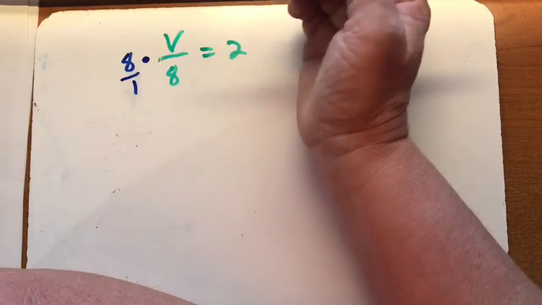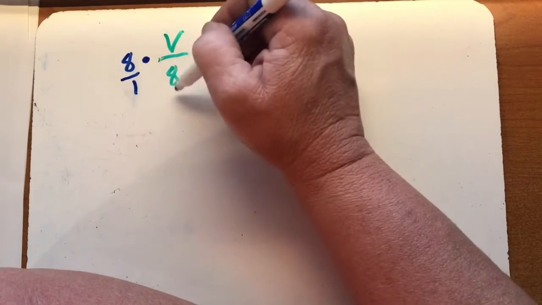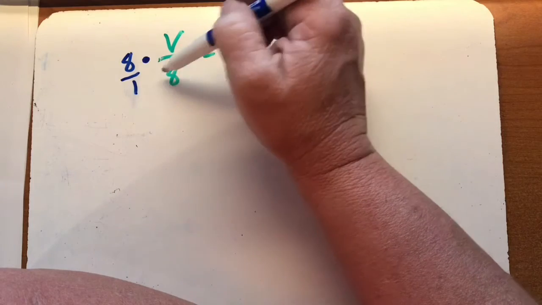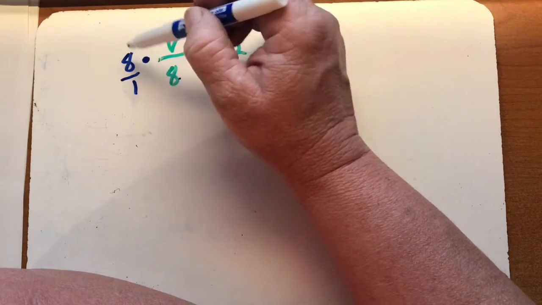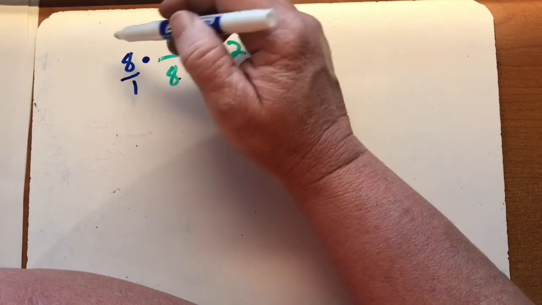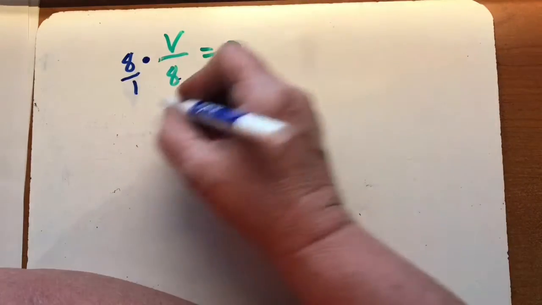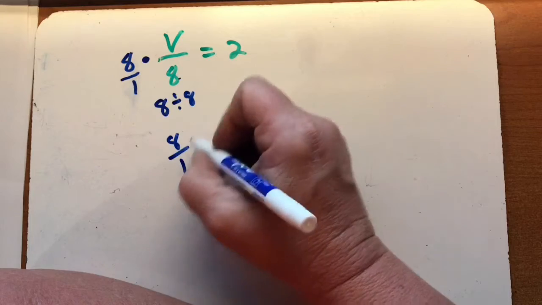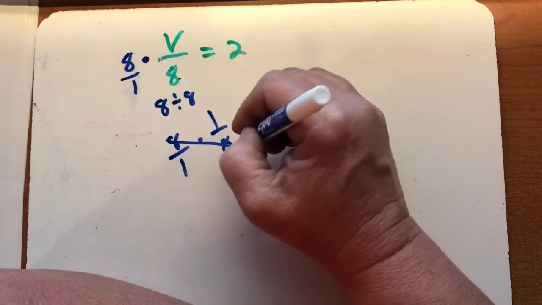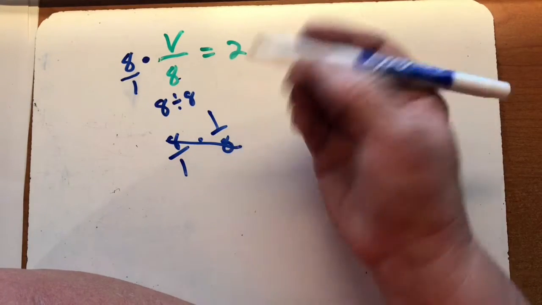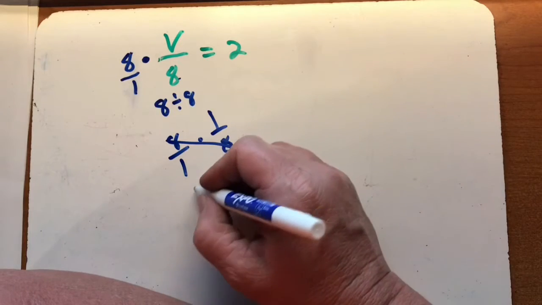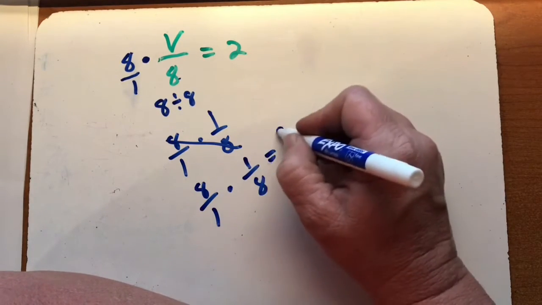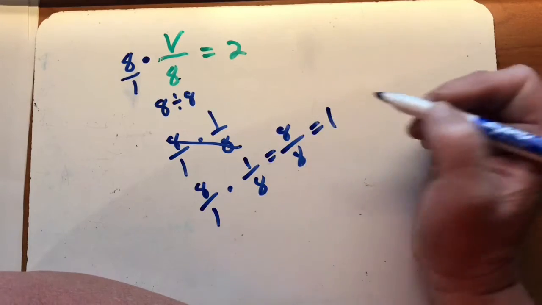So I like to, at the beginning, when you see a division, multiply by a fraction like that, with the denominator as the numerator, because we know that this is basically saying 8 divided by 8, or 8/1 times 1/8, and the 8's cancel out. If you're not good with fractions, that would be 8/8, which is 1.